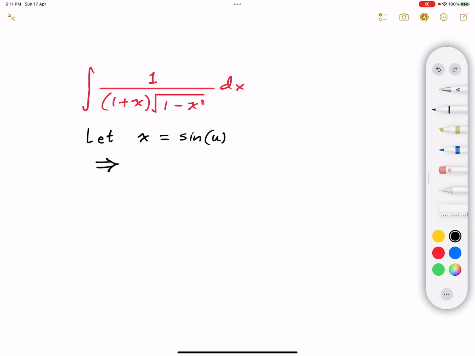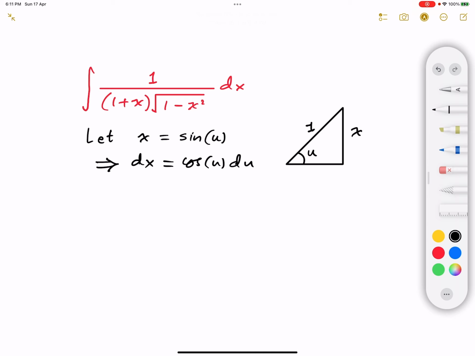By differentiating both sides, dx is going to be equal to cosine u du, and we have to draw now a right triangle, and this angle here is u. Now sine u is equal to x over 1. Sine u, which is the opposite divided by the hypotenuse, is x divided by 1.